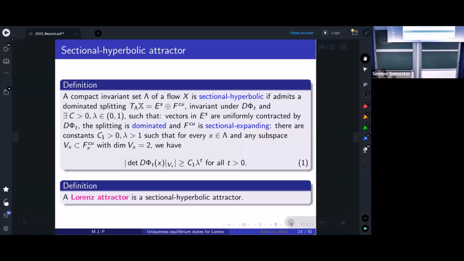It means that any two-dimensional subspace contained in this space is volume expanding. Okay, and what is a Lorenz attractor for us in any dimension, on a d-dimensional manifold? It is just a sectional hyperbolic attractor. Okay, this is the definition we adopted for a Lorenz attractor in higher dimensions.